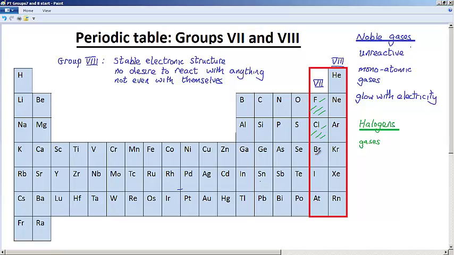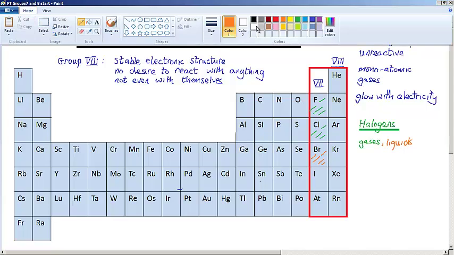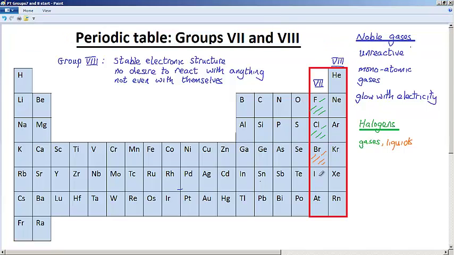They can be liquids, as in the case of bromine, and they can be solids, as in the case of iodine. Now these three here, iodine, bromine and chlorine, you're likely to encounter in the laboratory. Now what we can say about these substances is they are highly toxic and quite reactive.